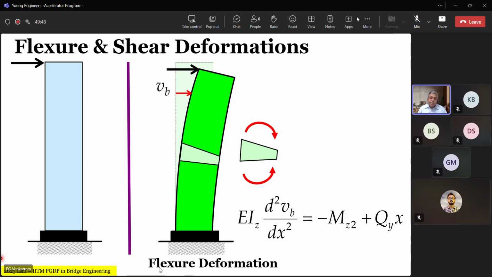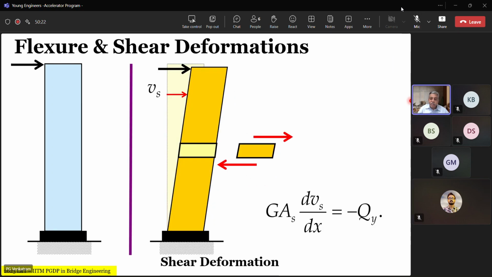What is the shear stiffness of a member? What's the shear stiffness of this member? And from the EI/L, you recall the basic... No L, GA.